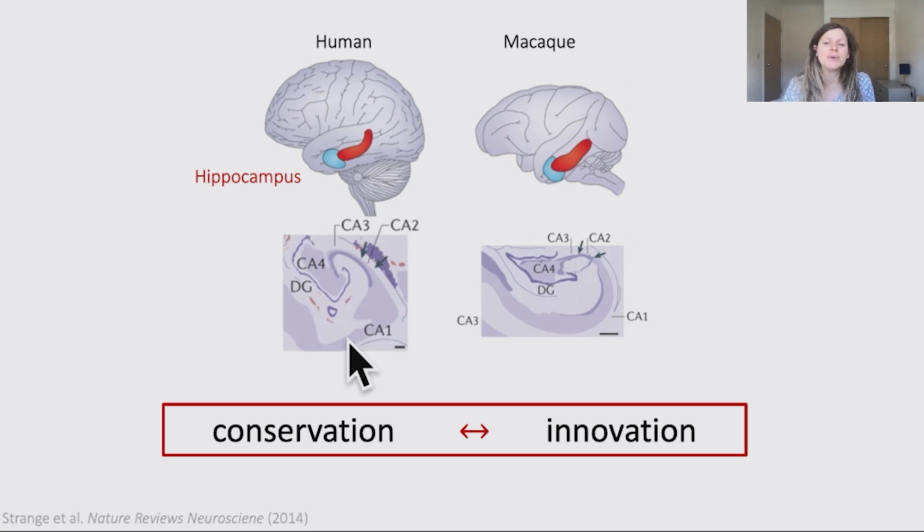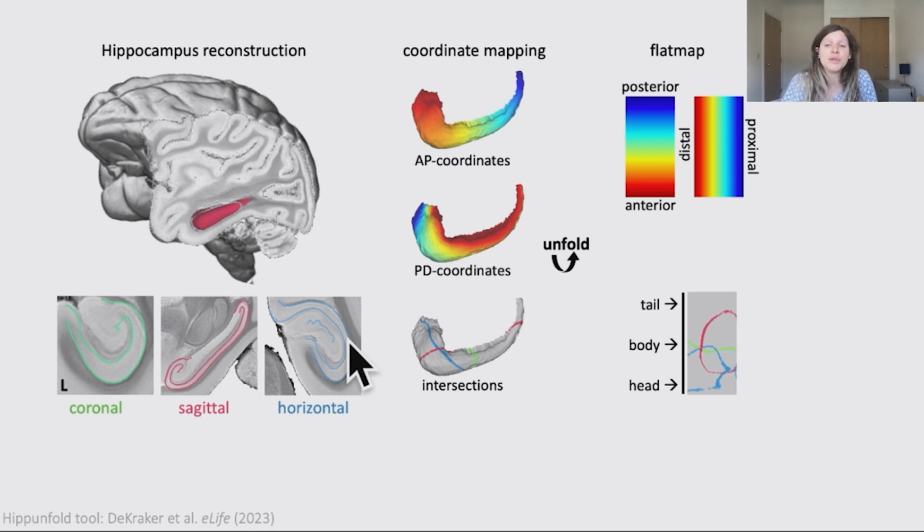And to do so, we first developed a comparative framework to study the hippocampus across primates. We used a new tool called Hippunfold and adapted it for the macaque brain.